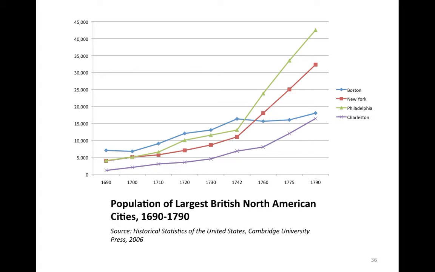And here is a population of the largest cities in North America. So you can see that Philadelphia and New York have become the biggest cities in North America by the end of the 1700s, just before the American Revolution. Boston is a close third. And in the southern colonies, the only major city was Charleston, and it always lagged behind those other cities.